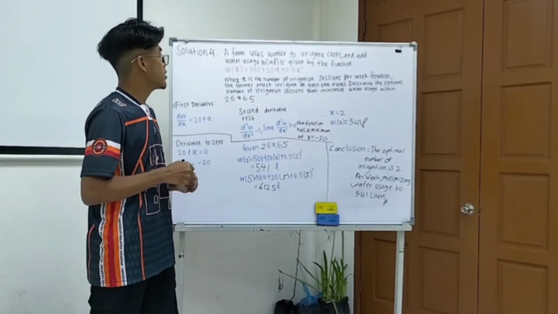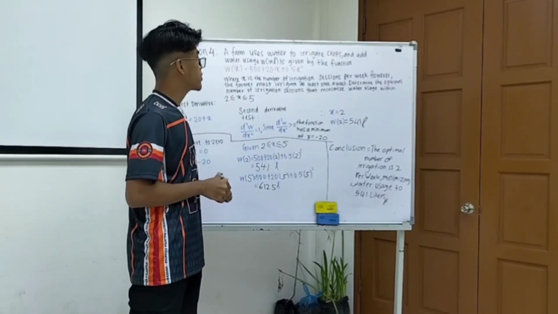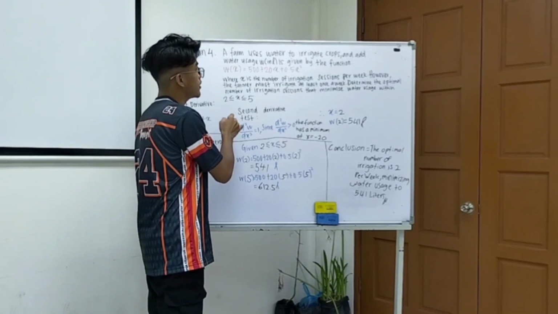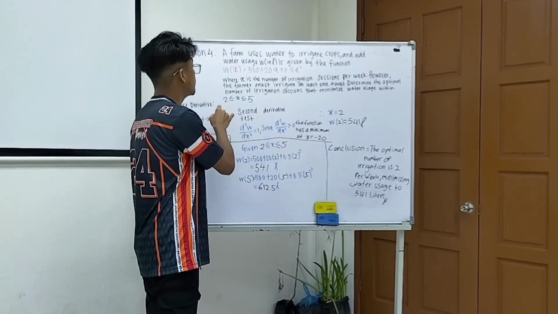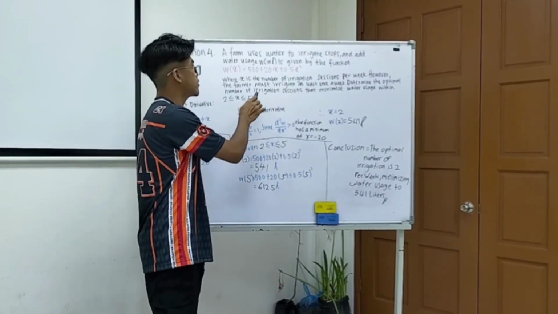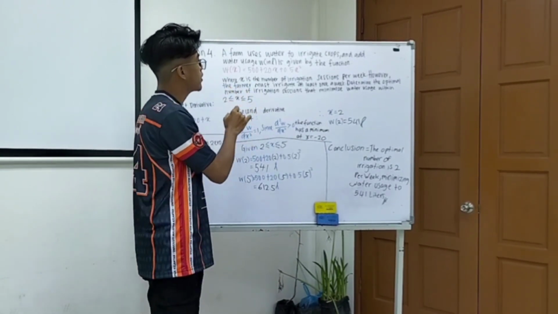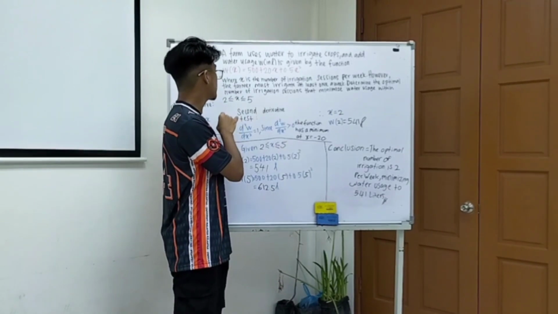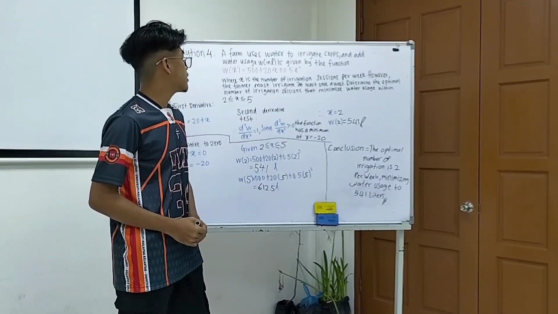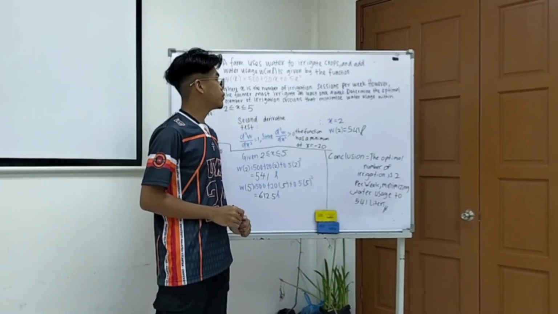A farm uses water to irrigate crops, and the water usage W in liters is given by the function W(x) equals 500 plus 20x plus 0.5x squared liters, where x is the number of irrigation sessions per week.